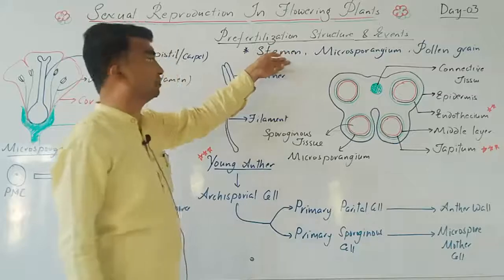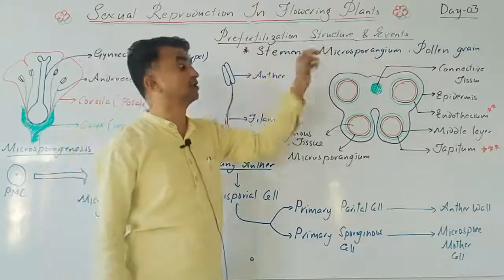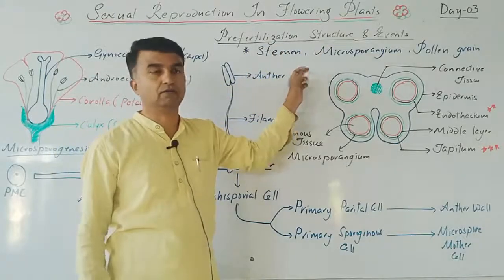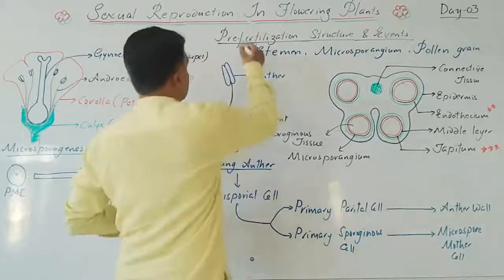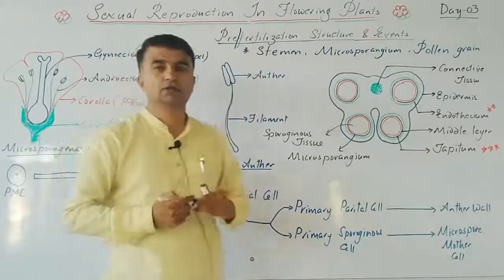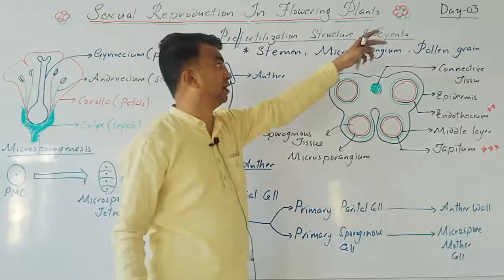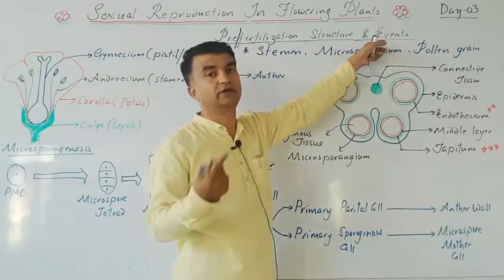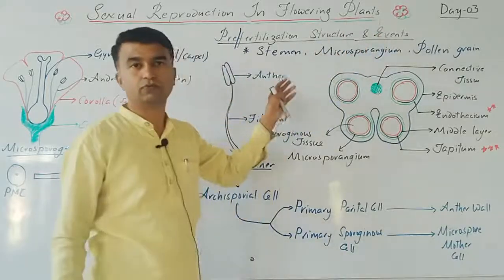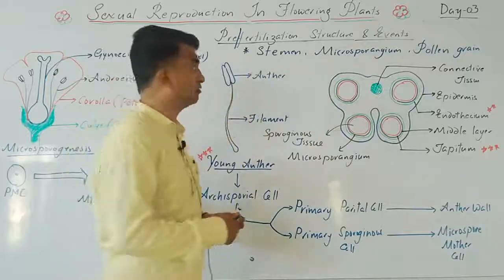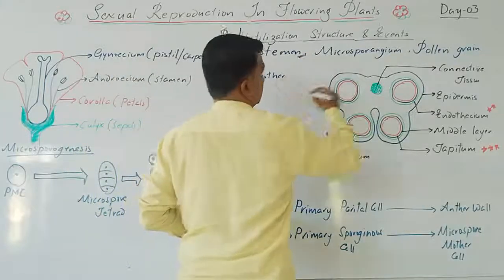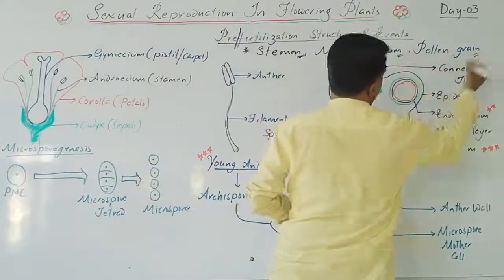In this chapter the heading is pre-fertilization structures and events. Pre-fertilization means before fertilization. We have to cover these structures and whatever events take place in them. Under that, the heading is stamen, microsporangium and pollen grain.